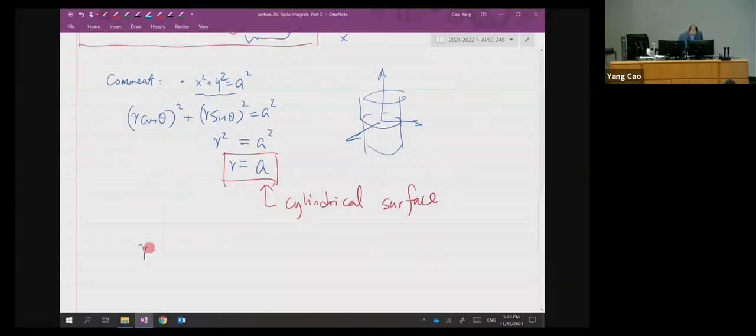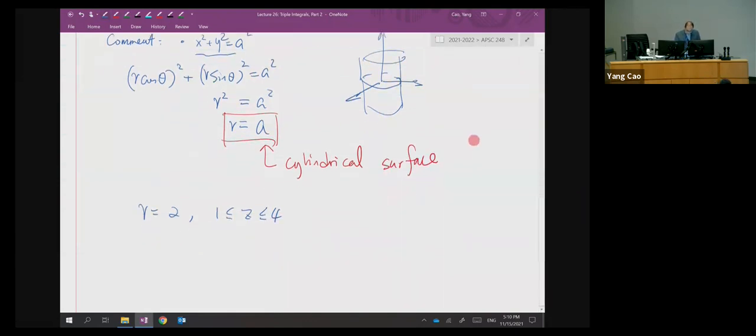Now, sometimes you probably have a combination. You will see, for example, r equal to 2, and then z is between 1 and 4. Sometimes the question is described like this. So this is a cylinder, and z is restricted between 1 and 4.